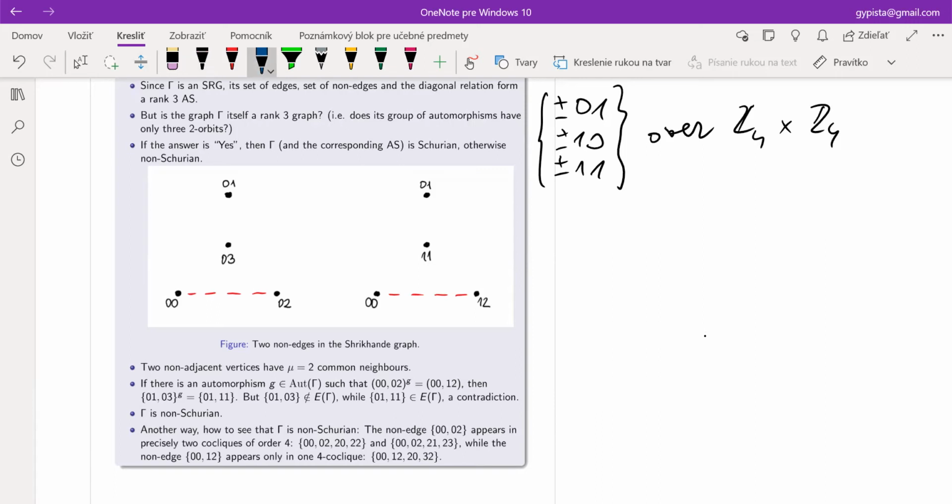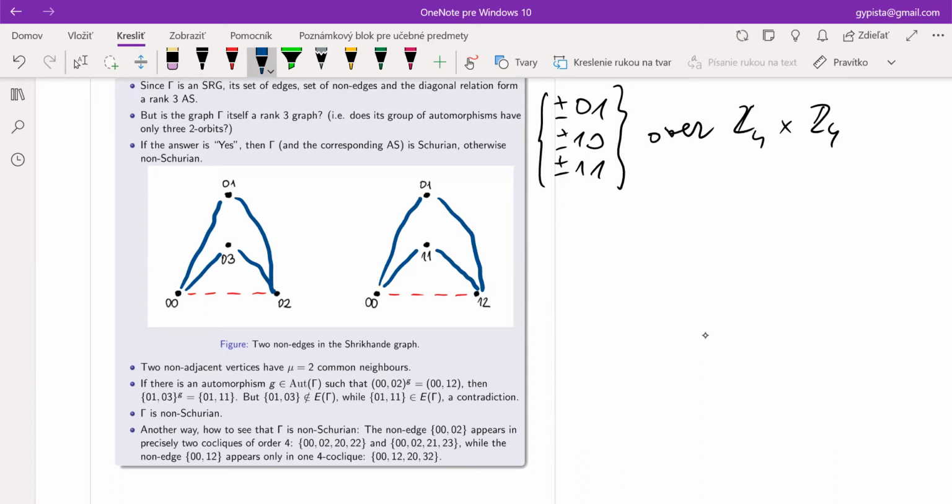Now, from the definition of strongly regular graphs, we know that these two vertices, (0,0) and (0,2), have two common neighbors, and it is not hard to see that they are precisely these two vertices. Also, on the second picture, the vertices (0,0) and (1,2) have two common neighbors.